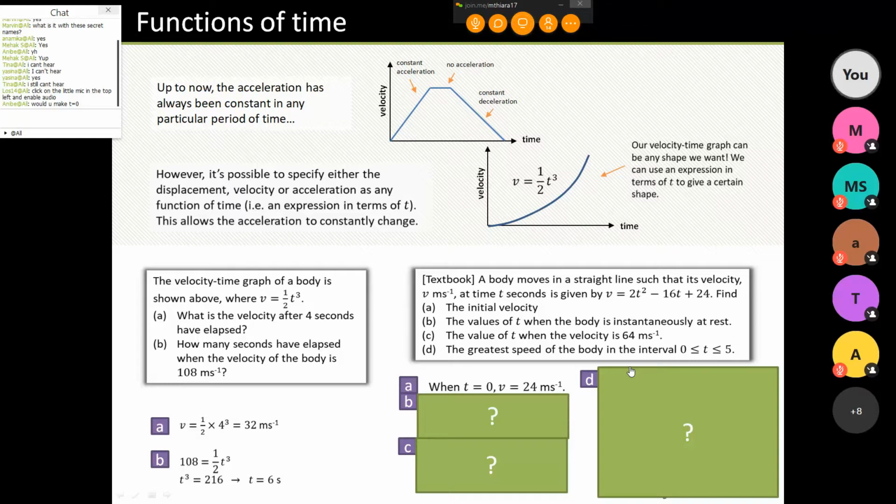Okay, now part B. It says the values of t when the body is instantaneously at rest. I'm just going to copy this over to my writing software. Give me a second, please, guys.